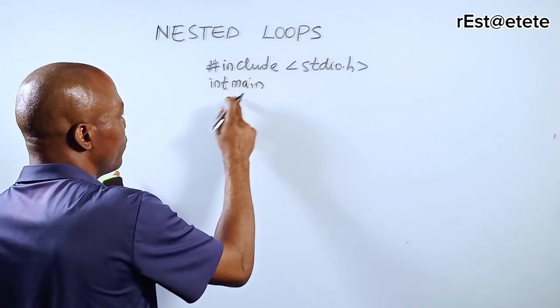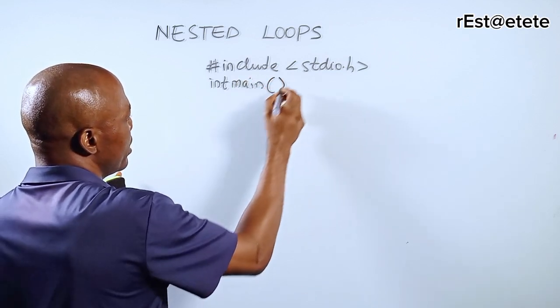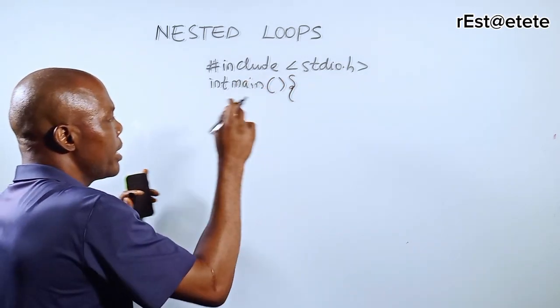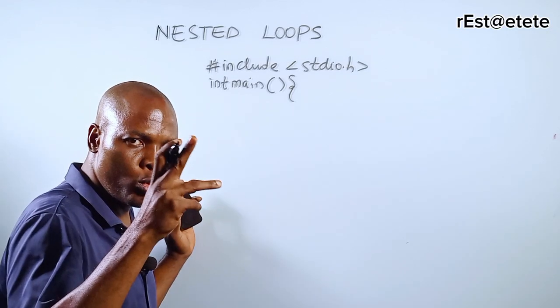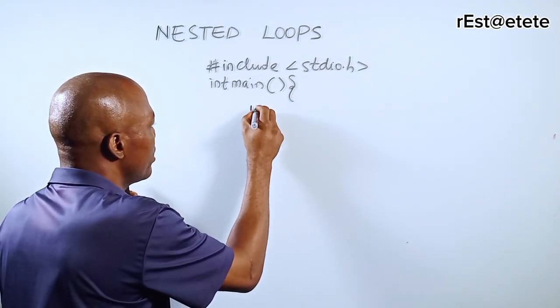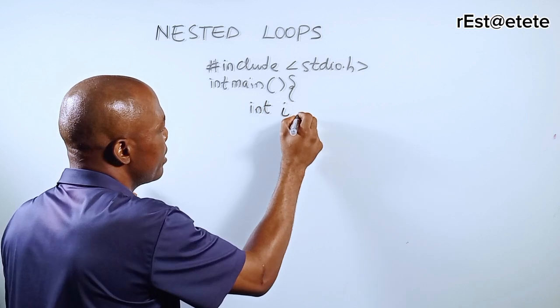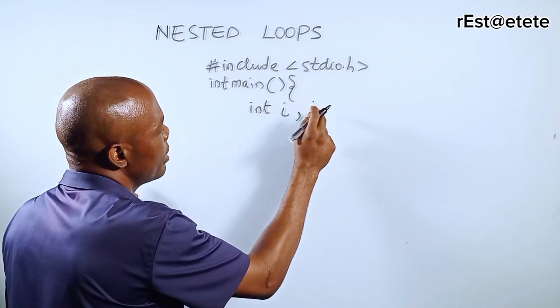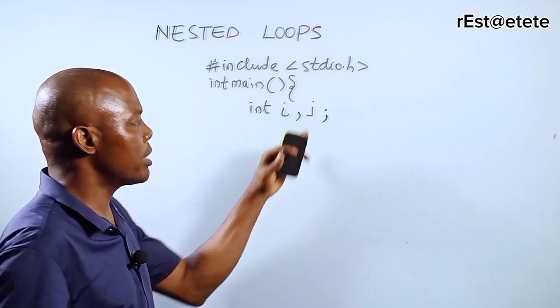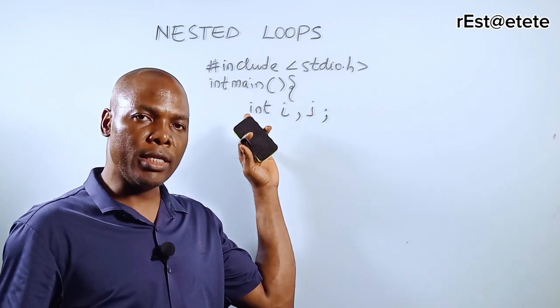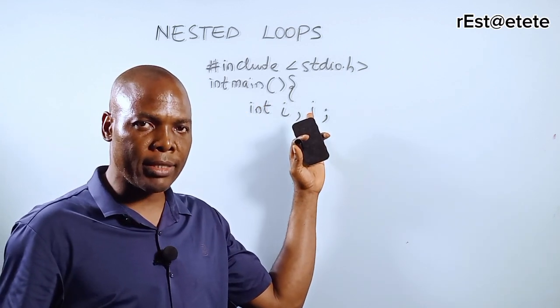We are still going to get to functions, and I will explain this main function again. Then here I am going to declare two variables, int i and j. Since I'm declaring these two variables as integers, I can write them like this.